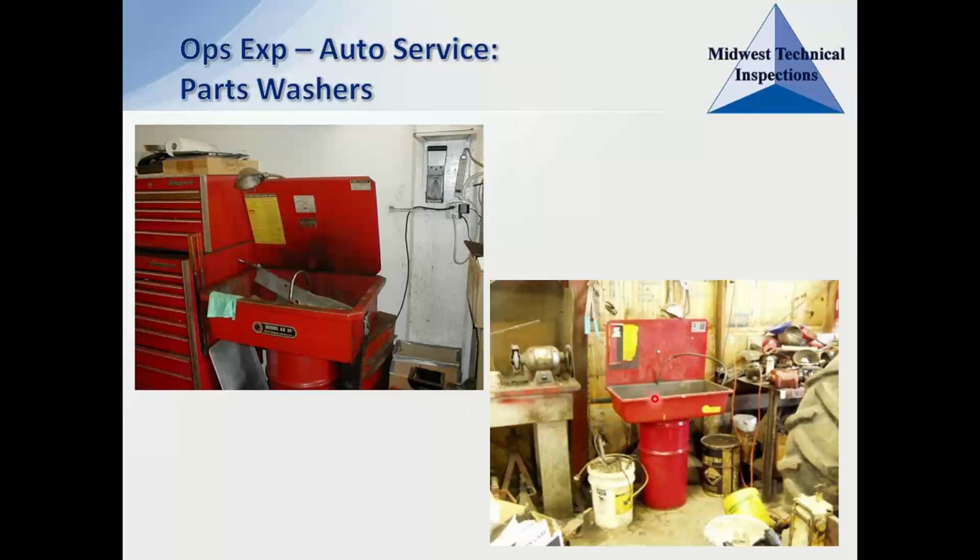So we don't want to have our vat of flammable liquids right next to something that's going to be throwing off sparks and molten metal. That's just asking for an ignition source to catch that flammable liquid on fire. So that is not necessarily a good spot for that. Be cognizant of what's around the parts washer to see if it's a good location for it.